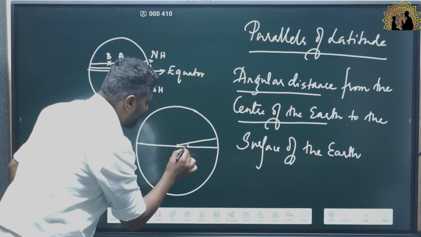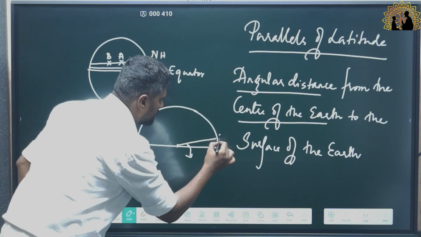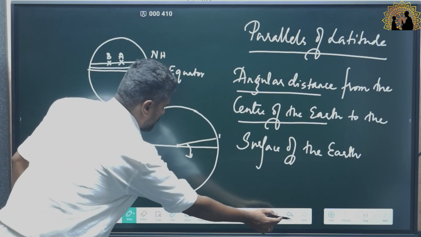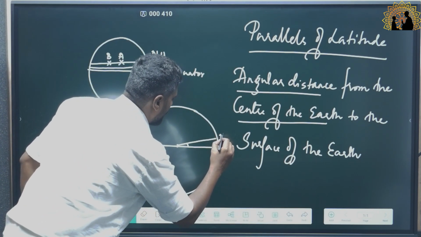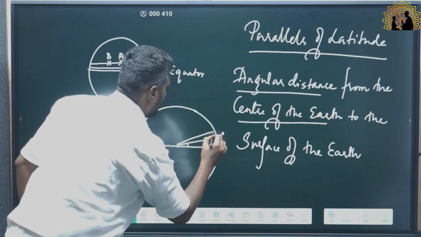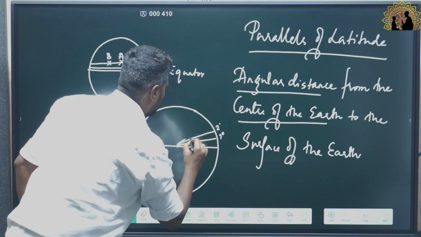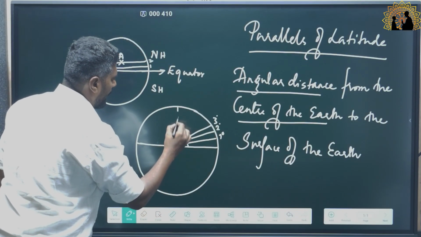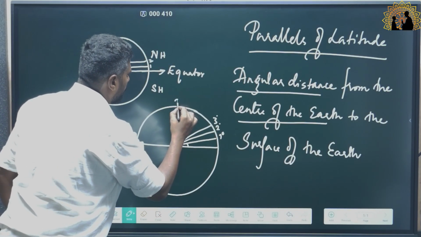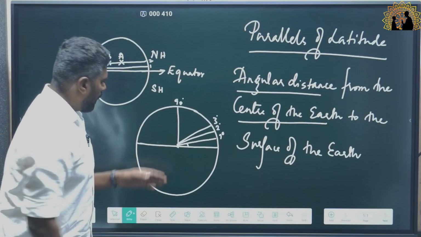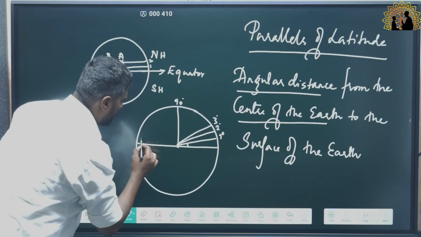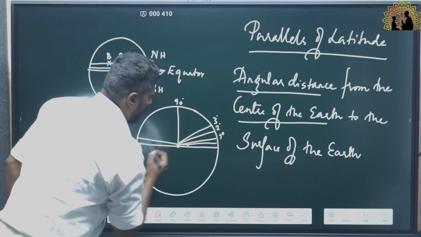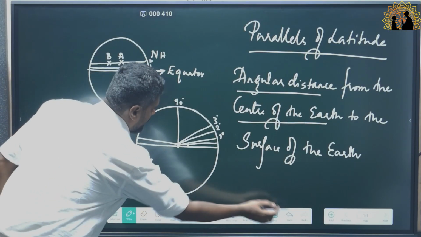So I'll write it here: 1 degree, this second line 2 degrees, next 3 degrees. Like that, if I keep on writing, I can write almost up to 90 degrees. On the other side also, I can draw one line for 1 degree.